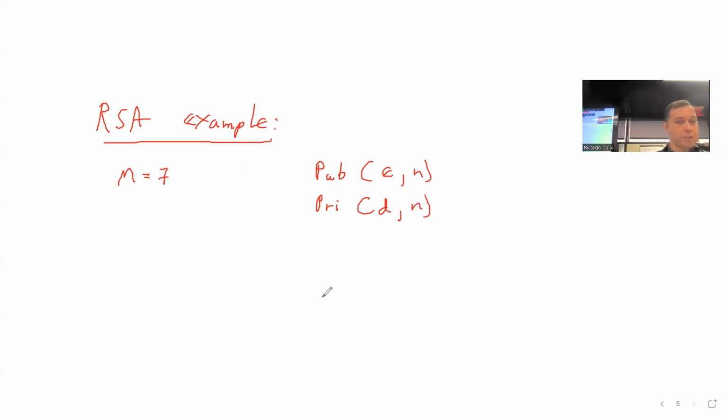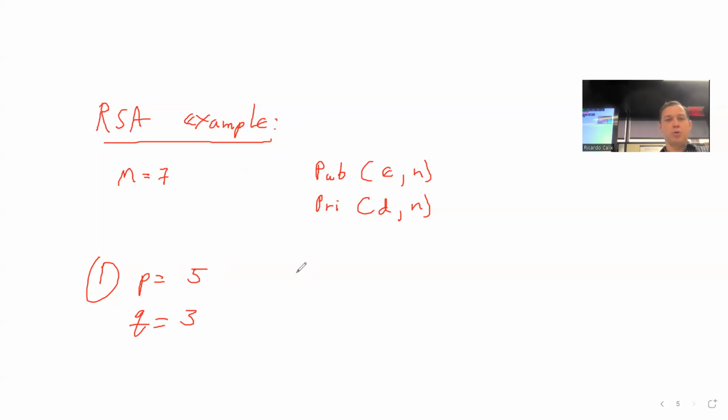The first step to get the keys is to choose 2 random prime numbers, P and Q. Obviously, I'm not going to do the very large numbers because it would be too difficult. We'll save that for the big num lab, but I'm just going to do tiny numbers, so tiny it's completely insecure. So let's do P equal 5 and Q equal 3. Again, this is just to illustrate what we're doing.